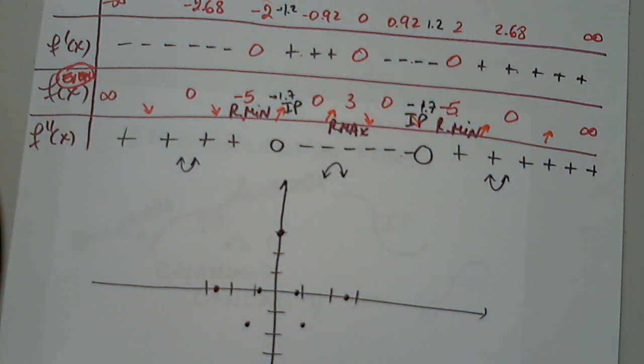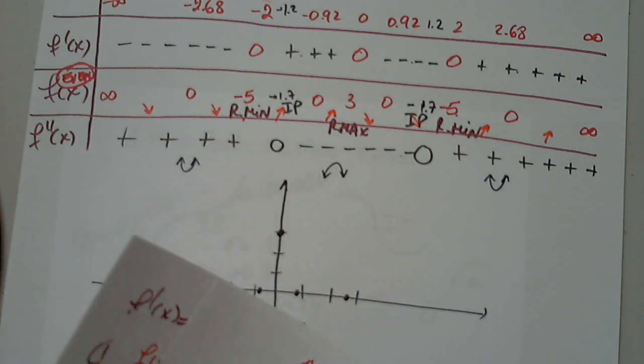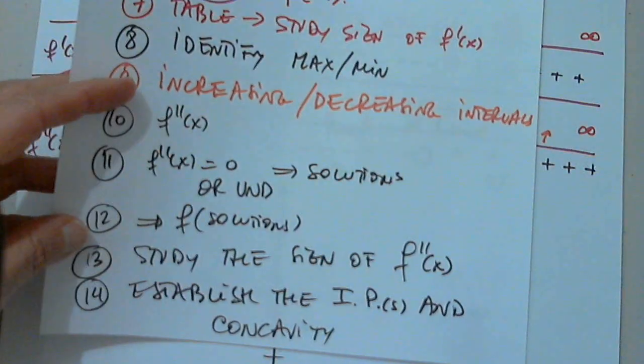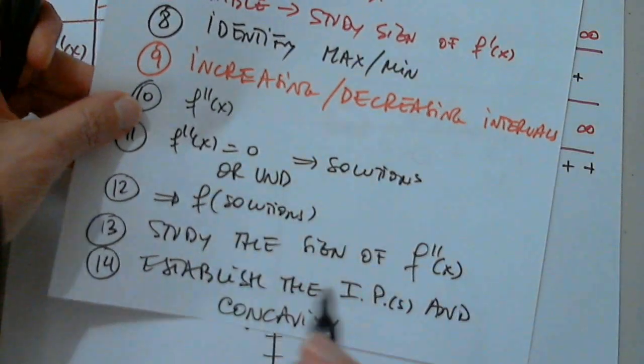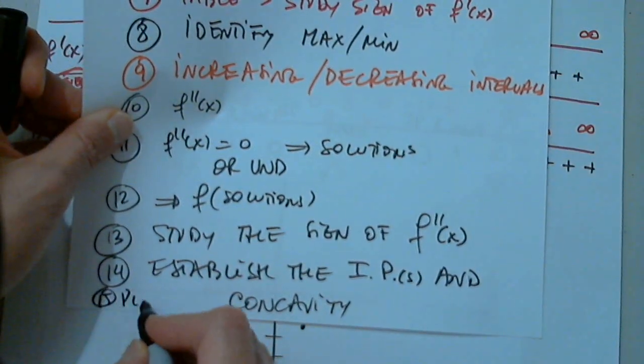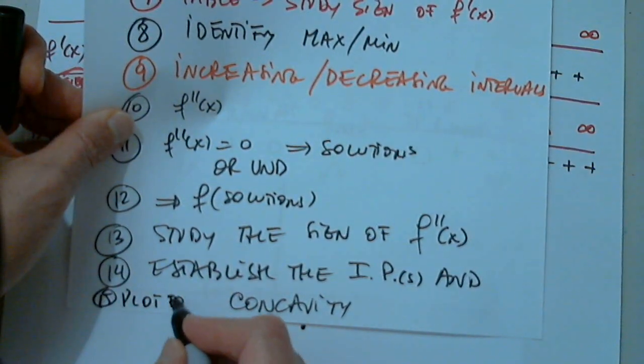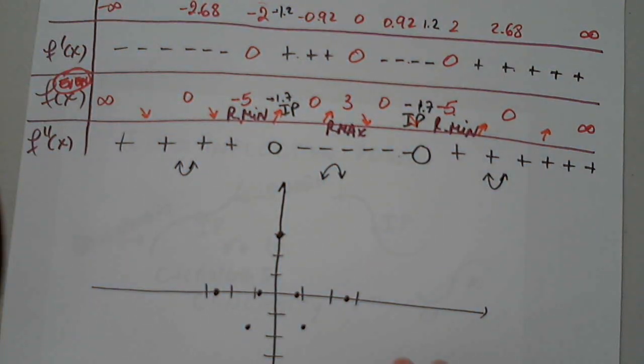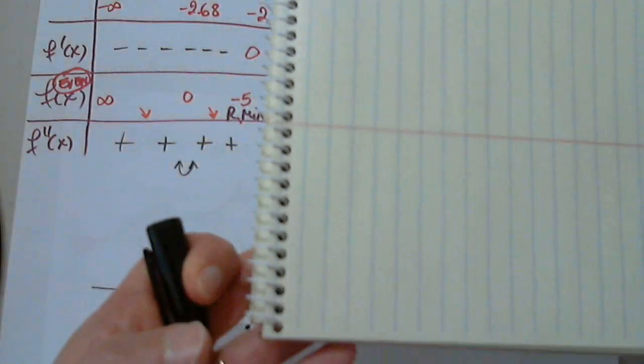Okay, maybe I should put it in writing. Plot all points first. Number 15, plot points. Okay, I did. And now at this point, I'm ready to analyze the table, learn from it, and graph.